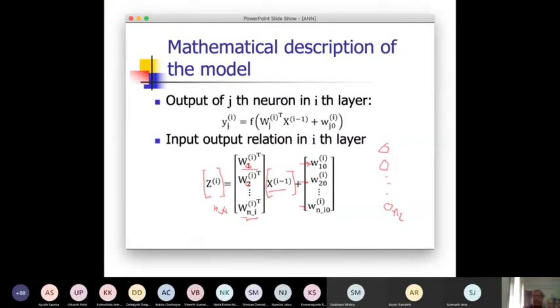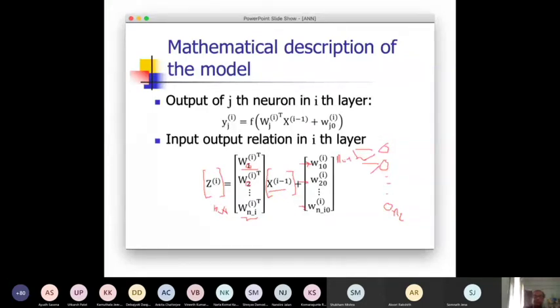Each one will have input from the outputs of the previous layer. How many nodes should be there? It is n_{i-1}, the number of inputs.